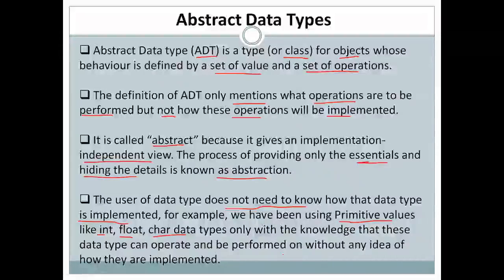We have been using these primitive data types in our programs, but we don't know how they are implemented internally. We only know what operations we can do by using these types and how they operate, but the internal implementation details are not known to the user, and that is why it is called abstraction. And abstraction in Python is provided by classes.